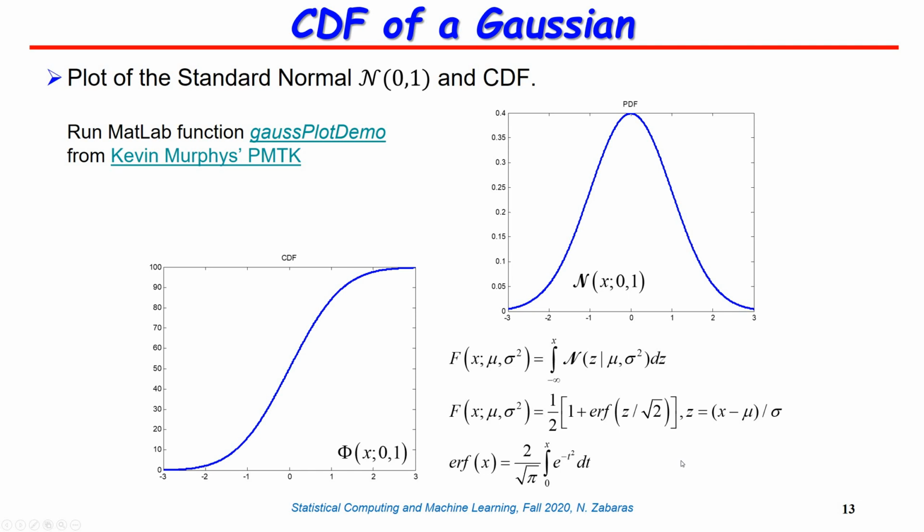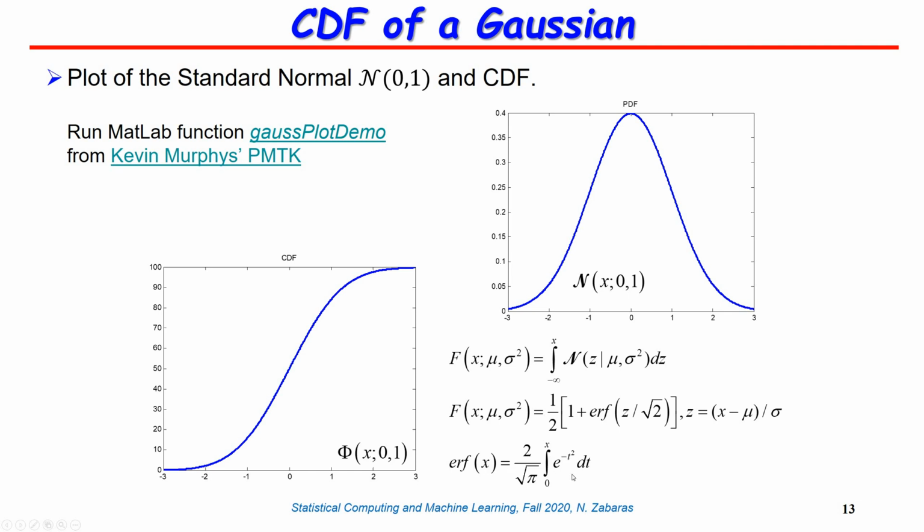I'm not going to spend time here to discuss it, but obviously this CDF of the standard Gaussian is very much related with the error function that some of you may have seen in engineering courses, like diffusion problems, heat transfer, heat conduction, things like that.